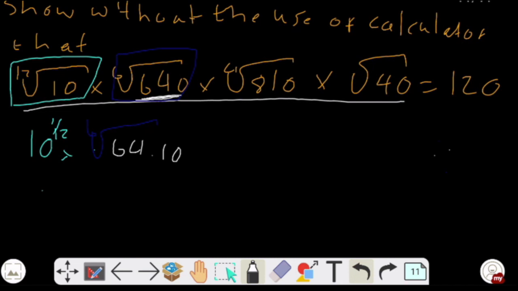Let's write it as 64 times 10, and we are going to try and write everything else in a much simpler form.